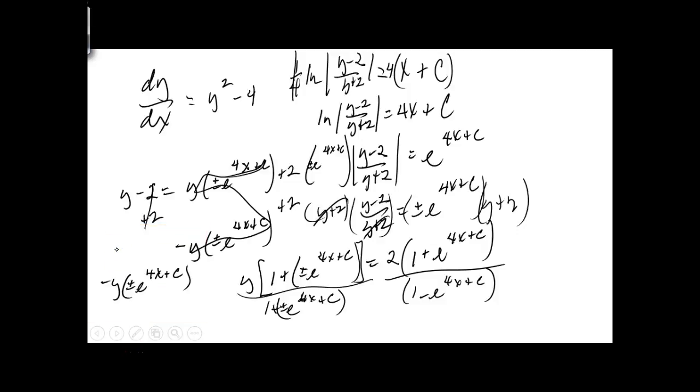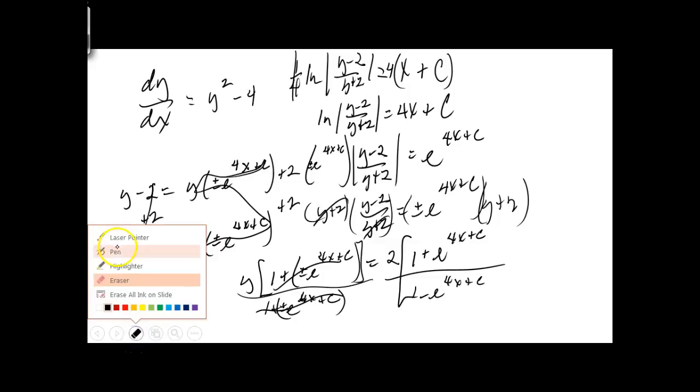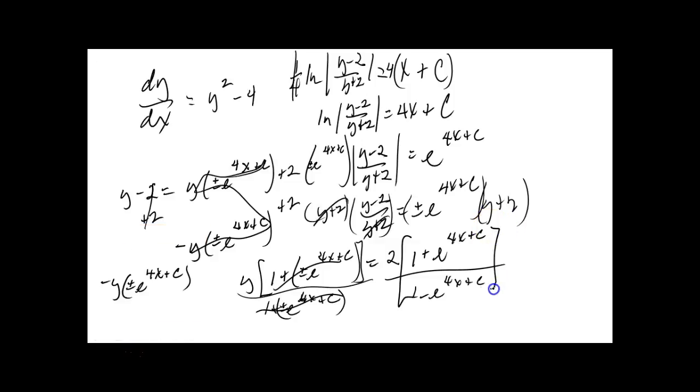I just can't think of it now. These have gone out here. So y is equal to 2 times... get it to clean up a little bit. Too much. Okay. And that's the answer they got in the book.